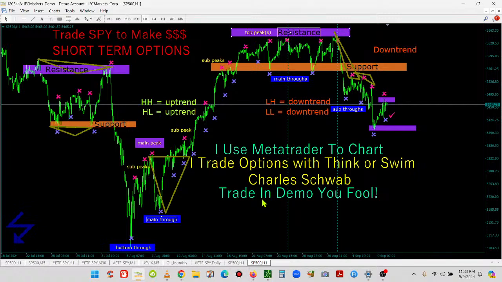And if you come live and you're not doing good, you have to go back to a demo account for at least 1 week. And if you're not confident in that week, you have to do another week until you feel fully confident again. That is your trading plan. If you want to make money, you have to learn how to do it in demo, you fool. Trade in demo, you fool. Okay?